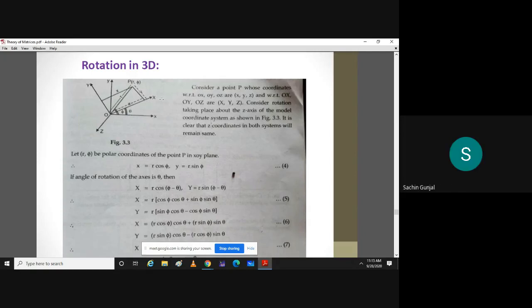Yes, sir. So my new coordinate system is this capital X, this capital Y, and this capital Z, which is mentioned here. With respect to the other system OX, OY, OZ, that point P is called X, Y, Z. Can you tell me what our target is in this particular slide?